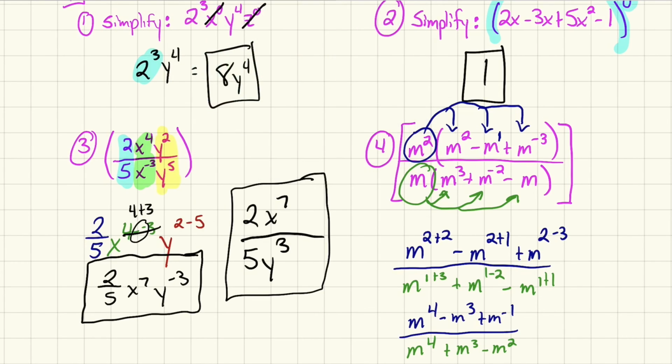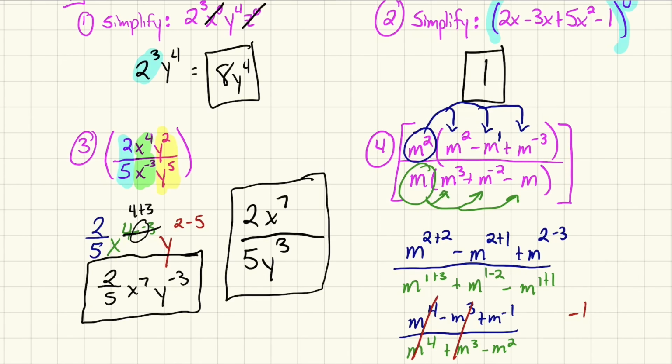And we can look at how that works, right? We have m to the 4th over m to the 4th. Those can cancel. All right, we have negative m to the 3rd over positive m to the 3rd. Those cancel, but actually really give me a negative 1 because the negative divided by a positive. And then at the end, we have m to the 1 over m squared. And those two things we can subtract.